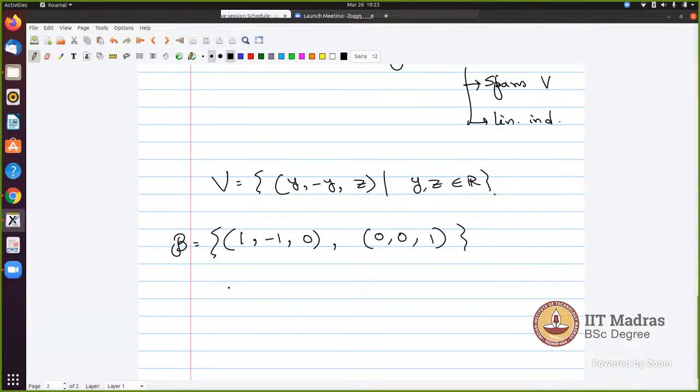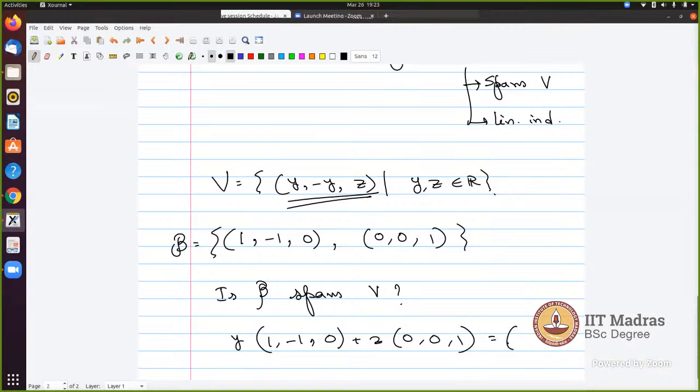Okay. Now, does this set beta span V? Yes. Why? Because any vector in V can be written as a linear combination. Exactly. So any vector is of this form, so I can write it like this, right? So I'll get any vector of this vector space. If you are confused with y and z, you can write it in terms of a, b, c.